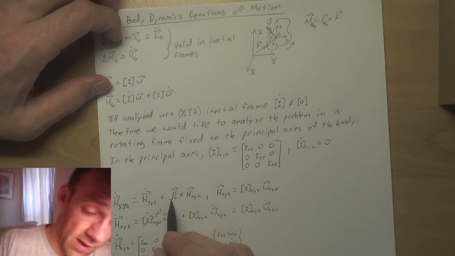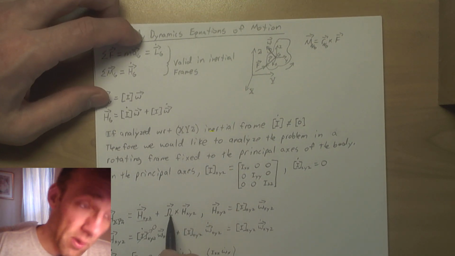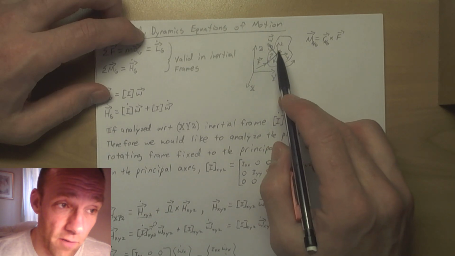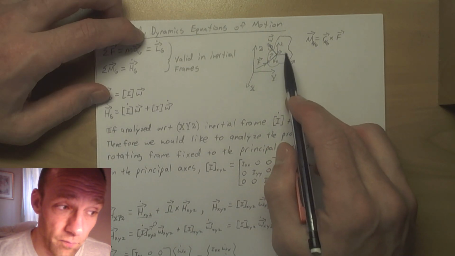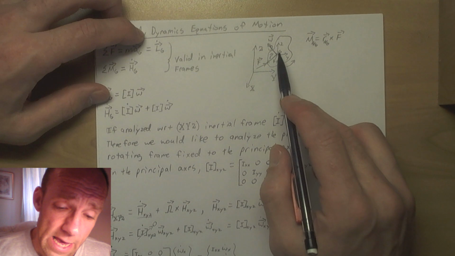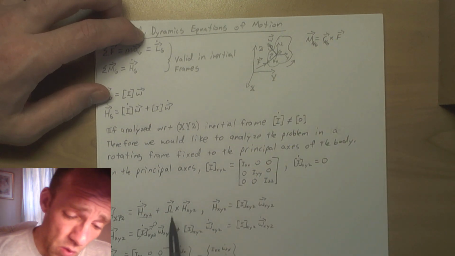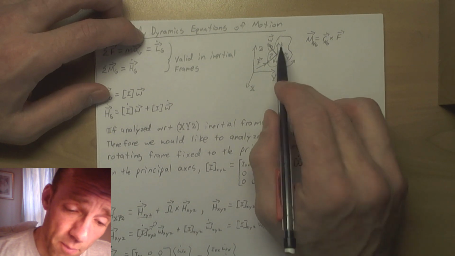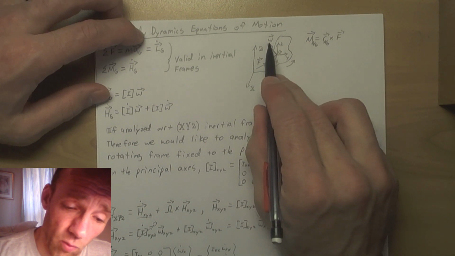Remember what capital Omega is. Capital Omega is the angular velocity of the reference frame. In this case, we've chosen the reference frame with the body, and the body is rotating at the angular velocity of lowercase omega.